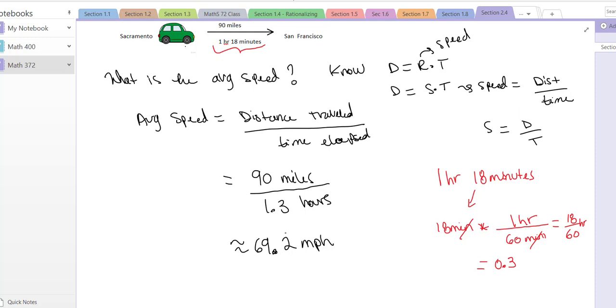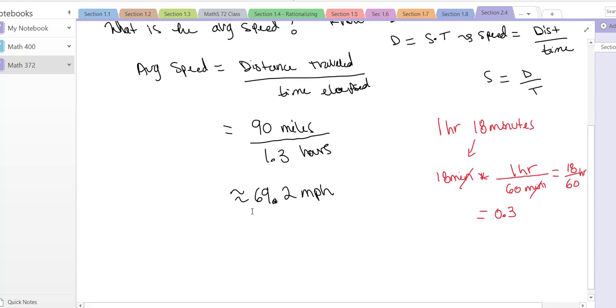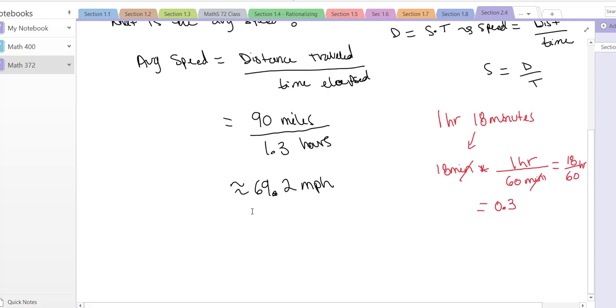It's just that over the time of an hour and 18 minutes, the distance traveled divided by the time equates to 69.2. In calculus, you're going to get to talk about instantaneous velocity, which is at a very specific time. But this is average velocity. So average speed or average velocity is a rate of change.